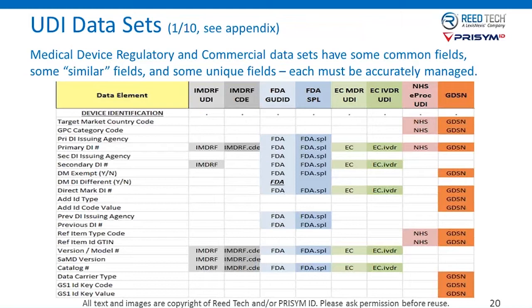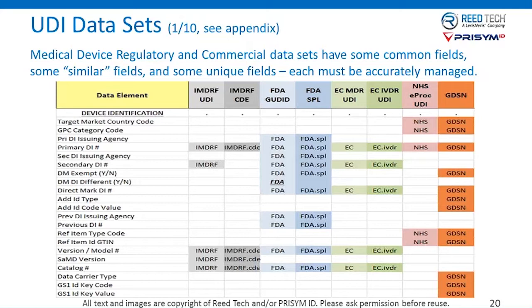So the International Medical Device Regulatory Forum UDI guidance and their common data elements are the first 2 columns in gray there, 2 regarding the FDA GUDID and the SPL, the green referring to the European Commission MDR and IVDR. Those 2 columns are actually very close, except there are some subtle differences.